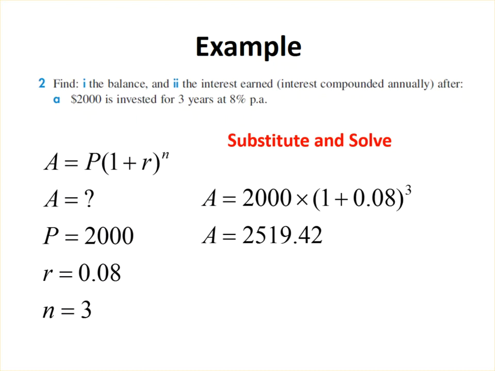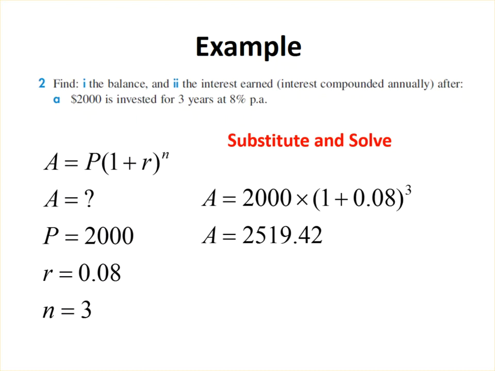So the total interest after the 3 years is $519.42. Is everyone happy? Any questions? That's why I'm here, to help you. Any questions? No. Okay. Make sure you write a sentence.